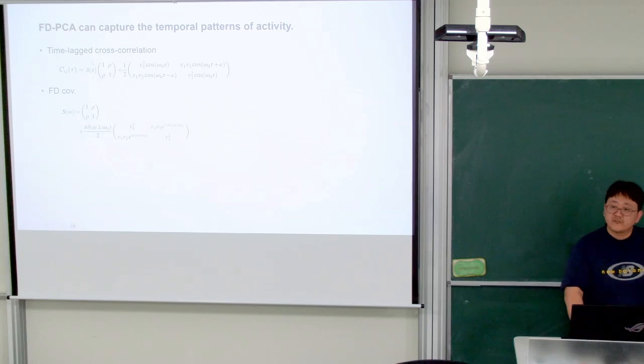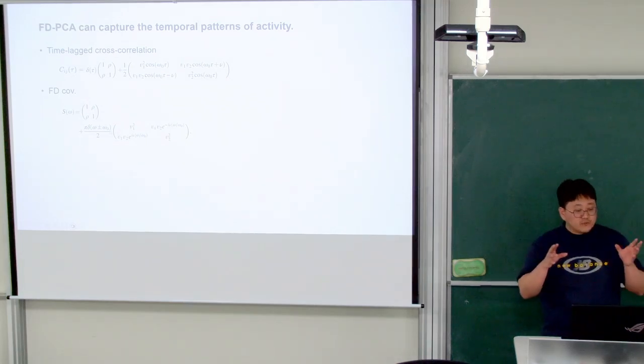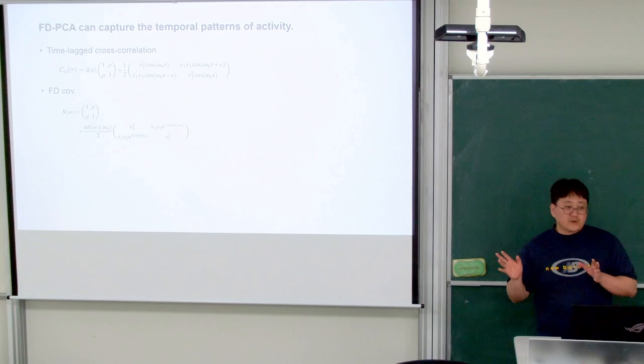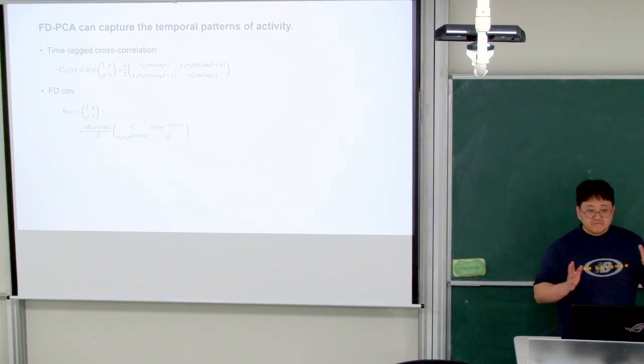If you apply the Fourier transformation to the delta function, then you will get 1. And if you apply the Fourier transformation to the cosine omega 0 tau, then you will get a delta function as well, because we can transform the cosine function to the exponential function with the complex number. Then we can calculate.